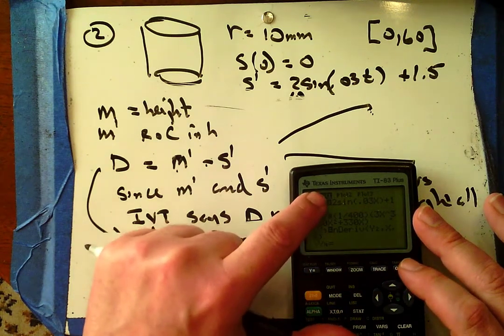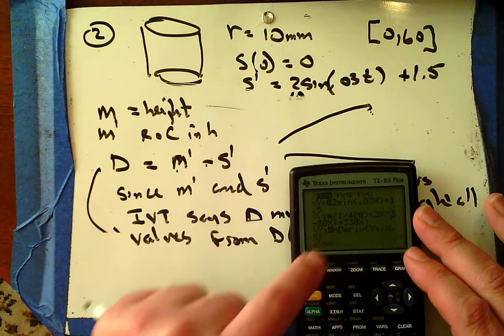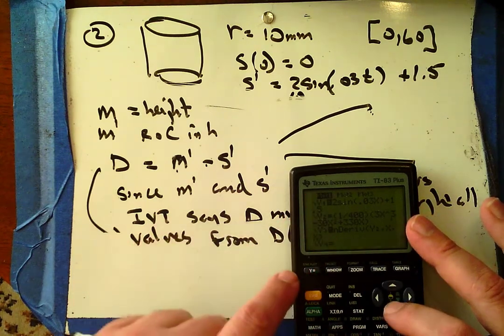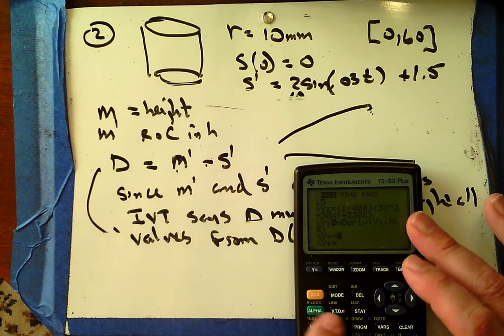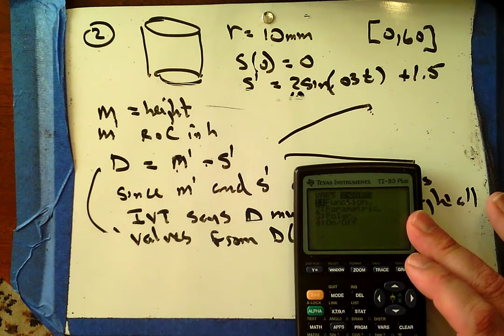Okay, so now I don't actually need that one turned on. Now I've got s prime and m prime. And so here I'm going to do y3 minus y1.